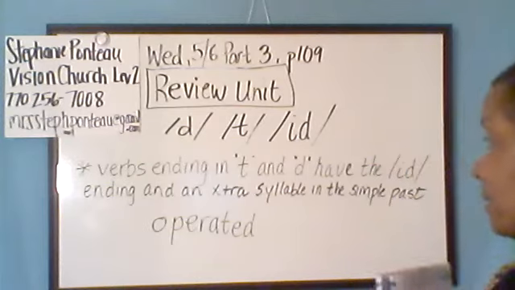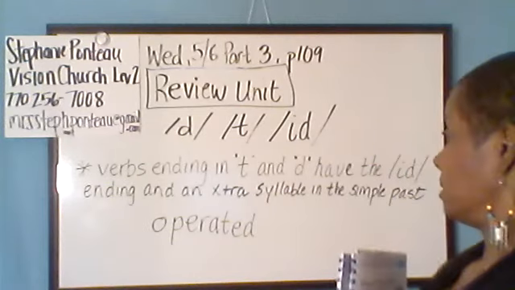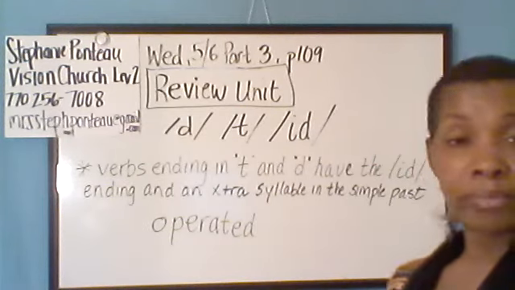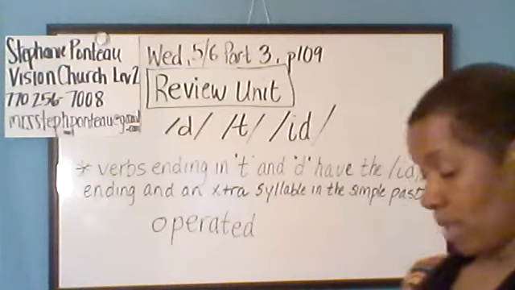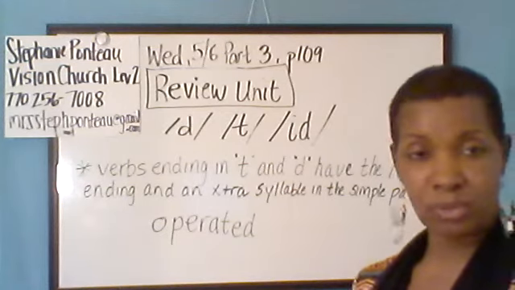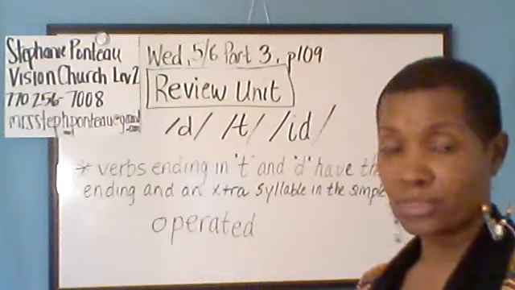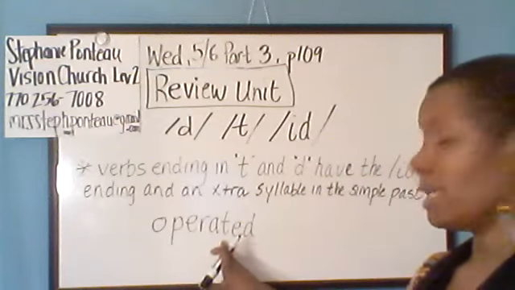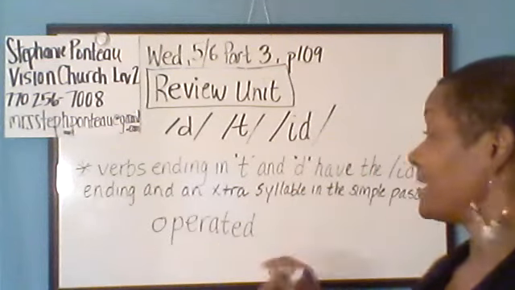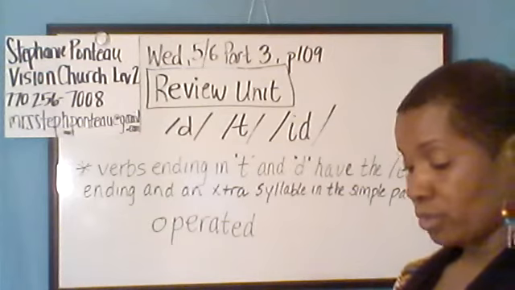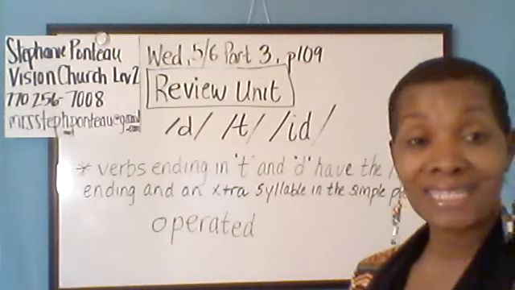Operated. No, it actually doesn't fit our rule. No extra syllable was added here. I'm sorry. It is the id sound, but no extra syllable was added because it doesn't end in T. So number two is id, operated.